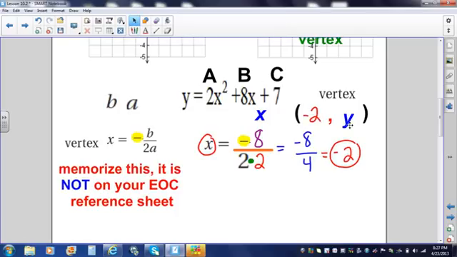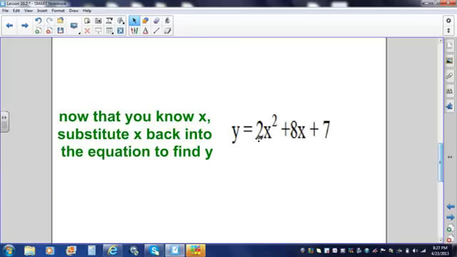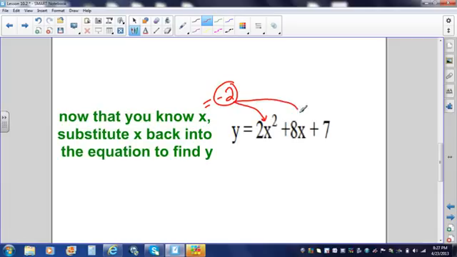Now, let's find the letter y. Now that we know that x was -2, we can substitute -2 back in for x. That's right, plug and chug.